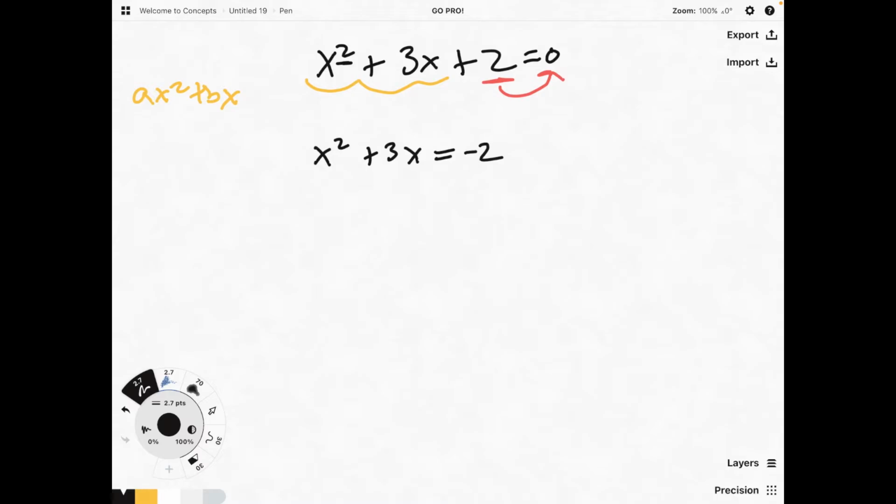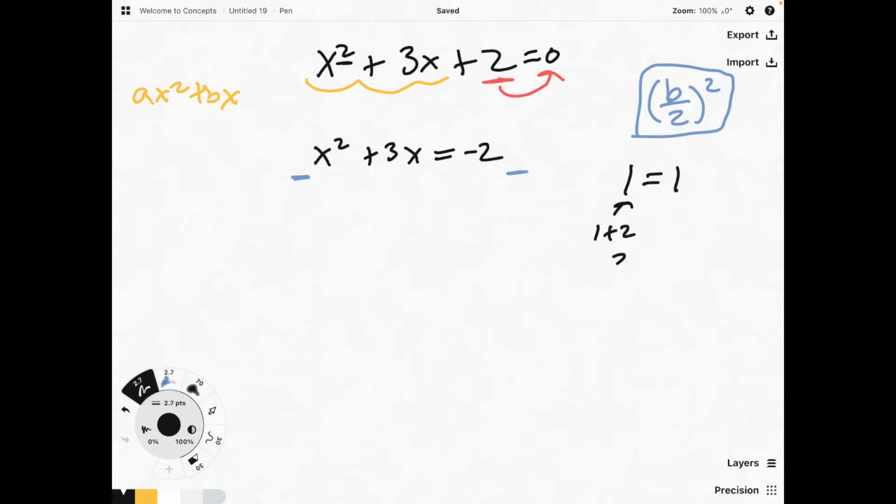Okay, now we need to complete the square. So the rule states that we take b divided by 2 and then square that, and we need to add this value to the equation. If we add to the left side, then we need to add to the right side. And again, this makes sense because if we have 1 equals 1, if we add 2 to the left side here, and we do 1 plus 2, that's going to give us 3.